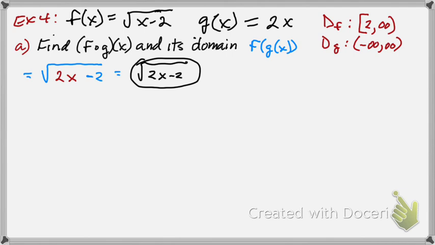If it were 0, I'd have a negative 2 under there. Let's see. So I could say, well, 2x minus 2 has to be at least as big as 0. One.